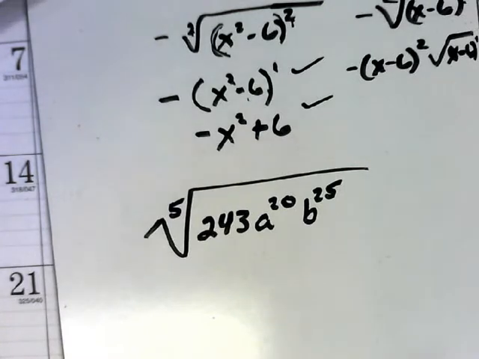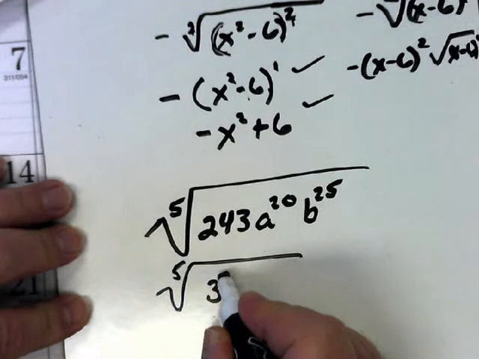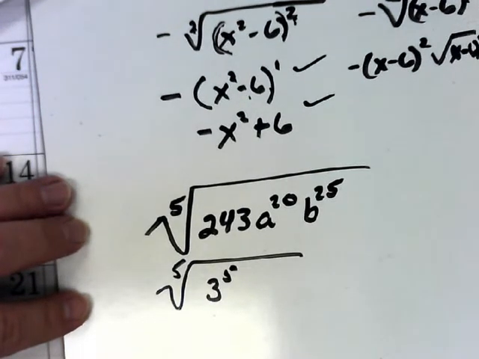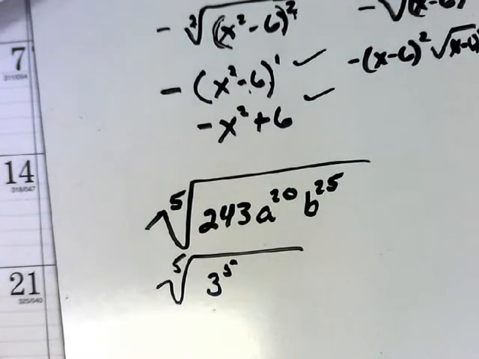Times 3, times 3, 3 times 27, not quite 243, 81, oh, times another 3, 243. So actually, couldn't this number be written as 3 to the 5th? If I break it down, 3 times 3 was 9, times 3 is 27, times 3 is 81, times another 3 is 243.